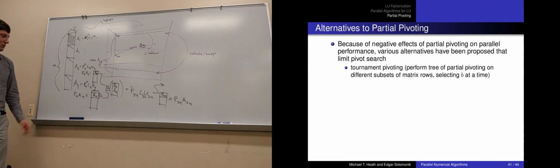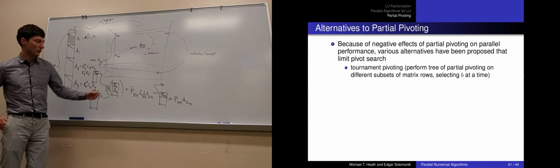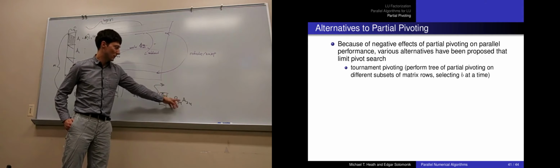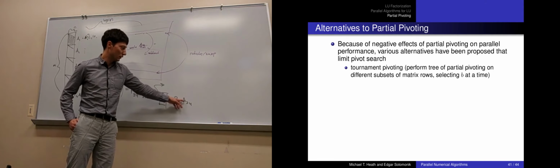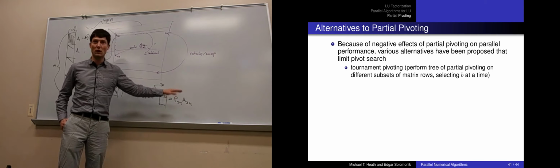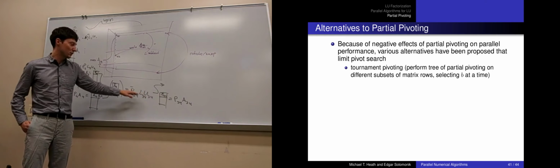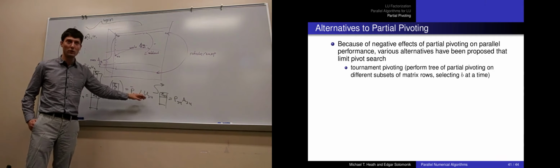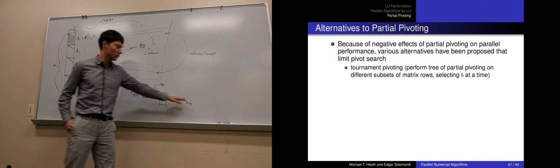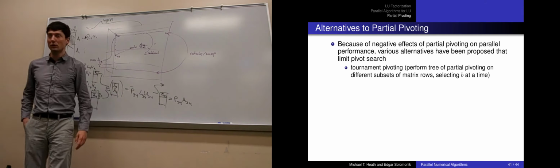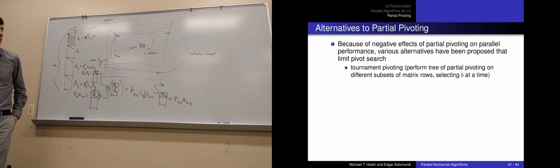And one of the reasons it doesn't really incur more error is that when you pass up things throughout the tournament, you always pass up the rows of A. You don't pass up these L and U factors. So the L and U factors you computed may potentially aggregate error, but these rows of A don't really. Okay.